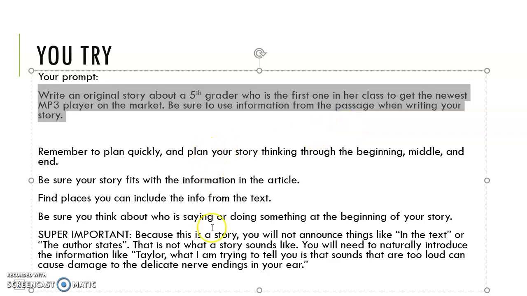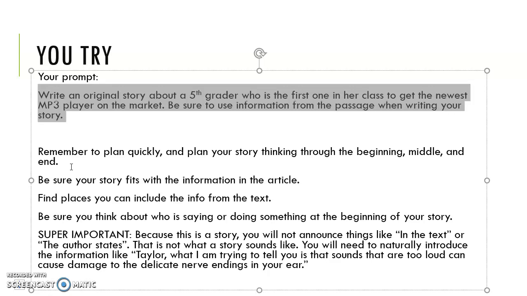All right, let's have some last-minute reminders before you get writing today. I want you to plan quickly before you start drafting. I want you to think through the beginning, the middle, and the end of your story. I want you to kind of rehearse in your head how you think the story will go.